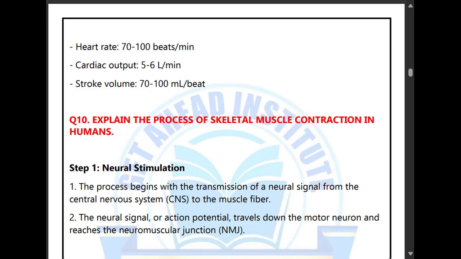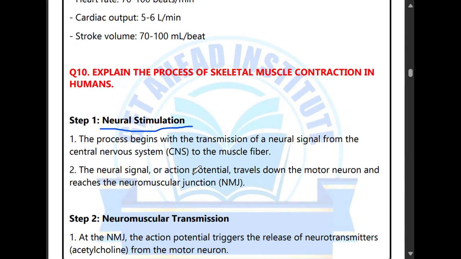Explain the process of skeletal muscle contraction in humans. My first heading is neural stimulation. The process begins with the transmission of a neural signal from the central nervous system to the muscle fiber.